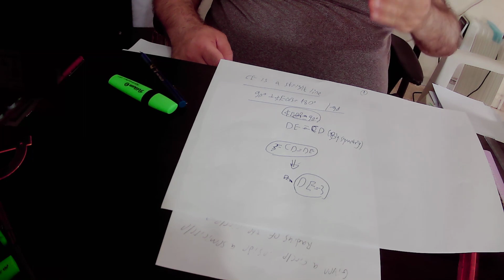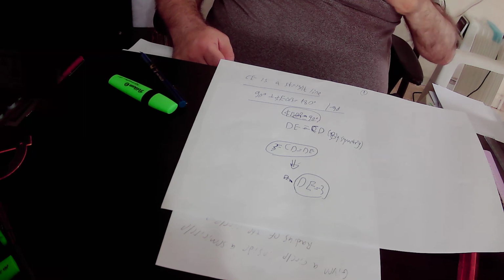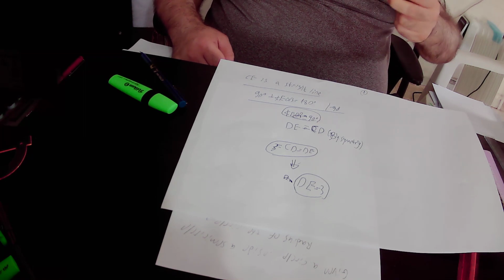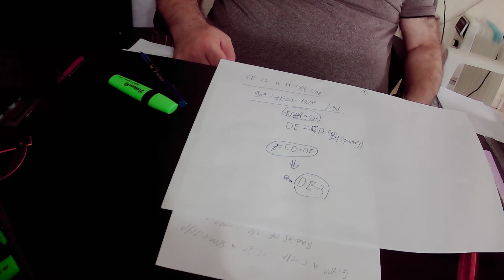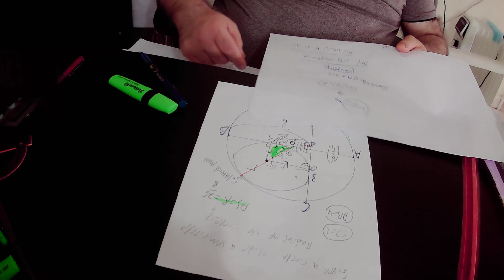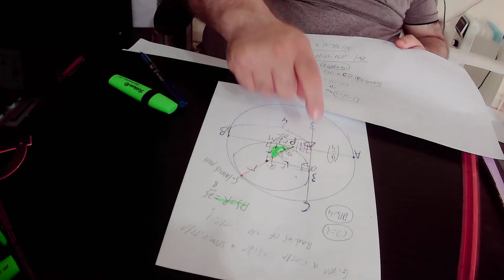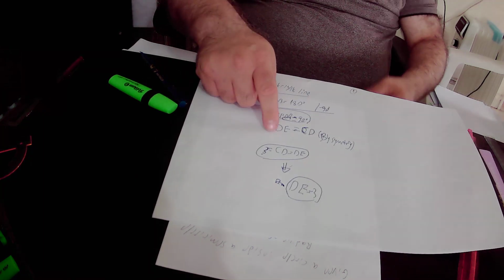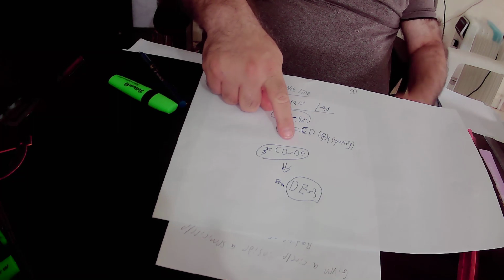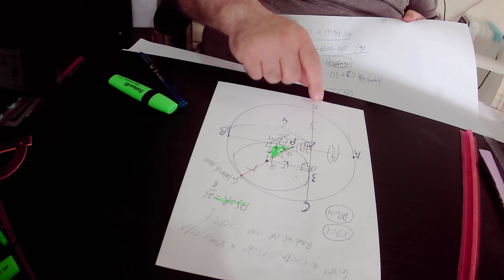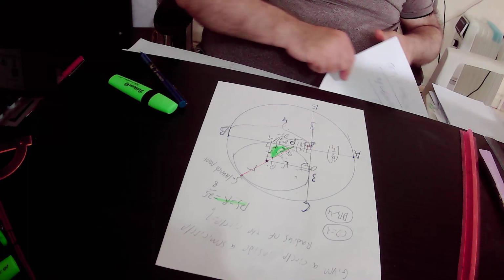So, in conclusion, we found out that DE equals CD by symmetry because DE is the mirror image of CD. But we already found out that CD equals 3 units according to what is given in the question. So from this equation, DE equals CD, we derive that DE is also equal to 3 units.